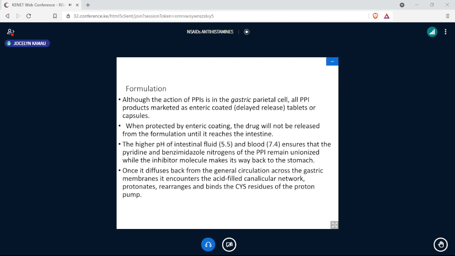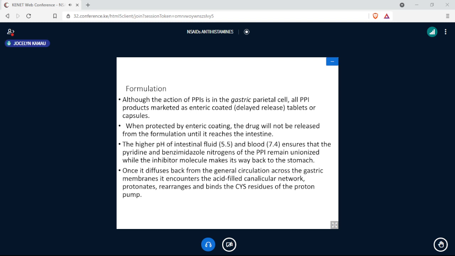Then it undergoes equilibrium within the parietal cell to generate the moiety that is required to bind the receptor. Where is the receptor? Within the parietal cell. So the receptor is very close to where the activation is being done. So you do not have any drug loss, and therefore maximum or optimal reactivity. And that's why I'm saying, when you look at a question, please answer it appropriately.